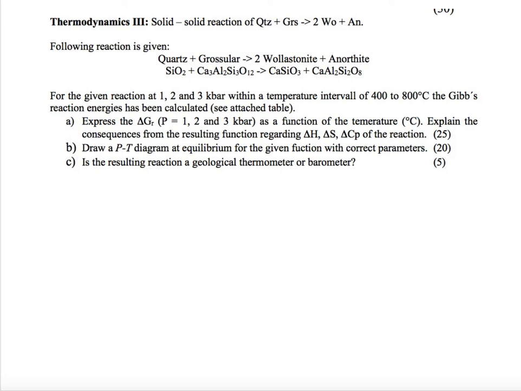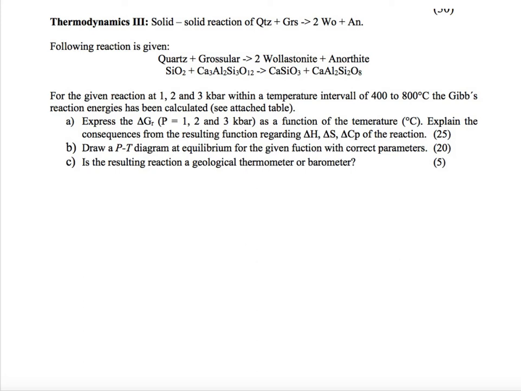Question A: express delta G at the pressure of 1, 2 and 3 kilobars as a function of the temperature in degrees Celsius. That should be temperature and not time. Explain the consequences from the resulting function regarding delta H, delta S, and delta Cp of the reaction.